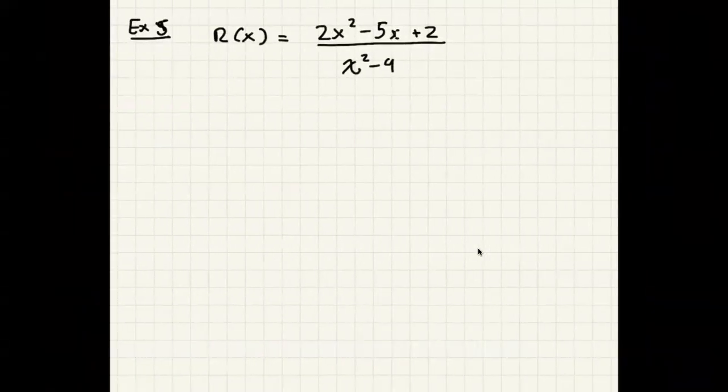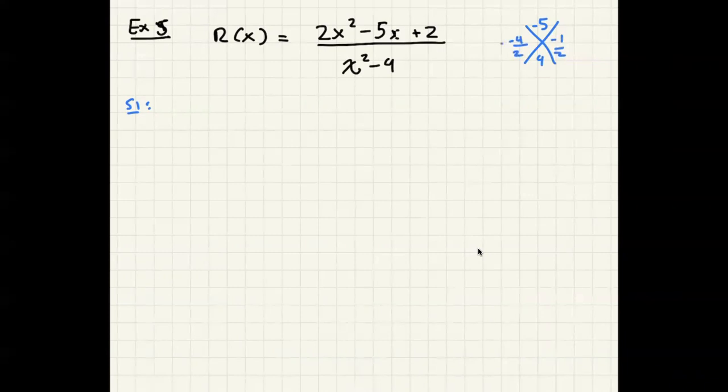Now let's go on to the next problem. The next example, right? What happens if we have this problem? So step one is to factor the top and the bottom. You can do the X method, right? So 2 times 2 is 4. Got to add to -5. Does anything multiply to -4 and add up to -5? Yes, -4 and -1. But we've got to divide by 2, right?